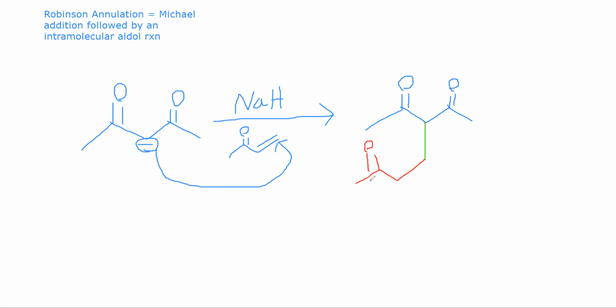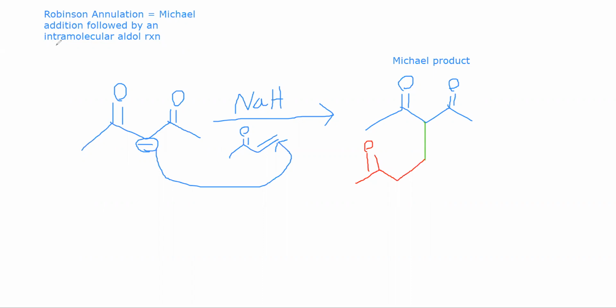We end up with this. This is our Michael product. Has that 1-5 relationship again. I'm not going to do the numbering because I'm going to have to number it for a different reason, but if you count them, you'll see there's a 1-5 relationship. But like I said, this is the Michael product.